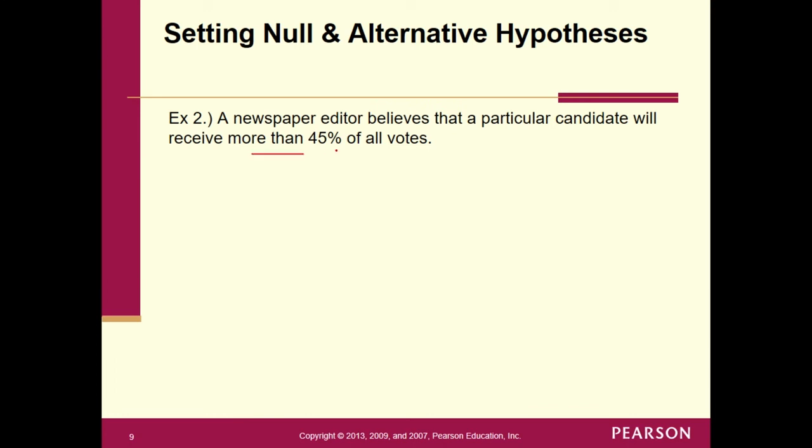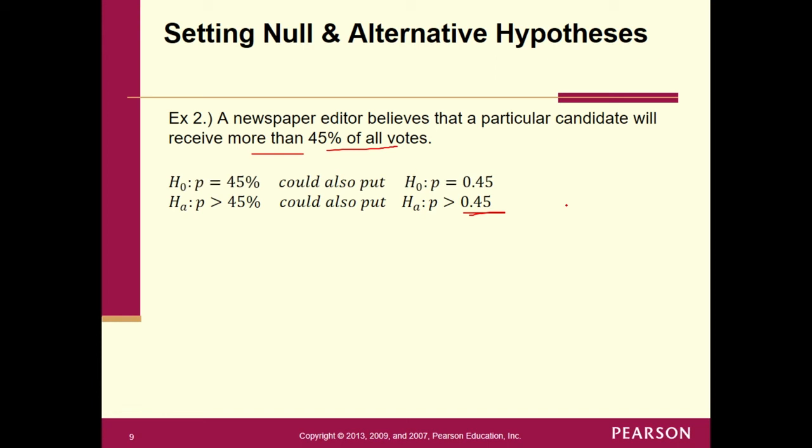More than 45% of all the votes sounds like the alternative would be p is greater than 45%. You could also write it as a decimal, and that's fine, either 45% or 0.45. The null would be p is equal to 45% or p is equal to 0.45, either one.